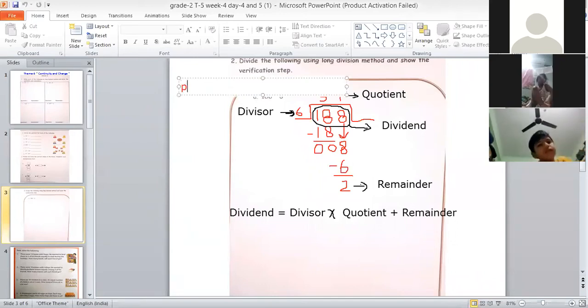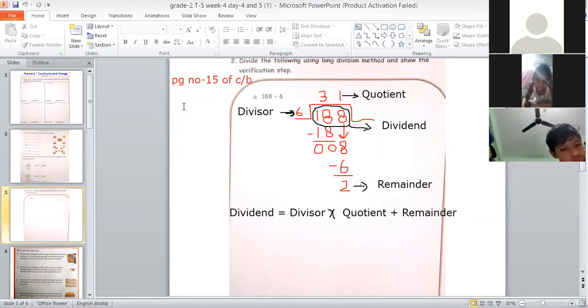This is page number 15 of the course book, children. Those who have joined just now, please see this.